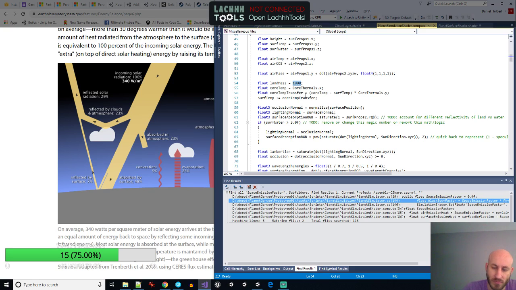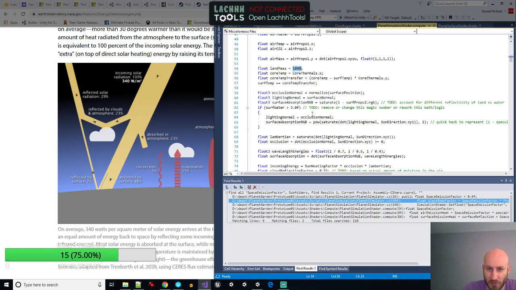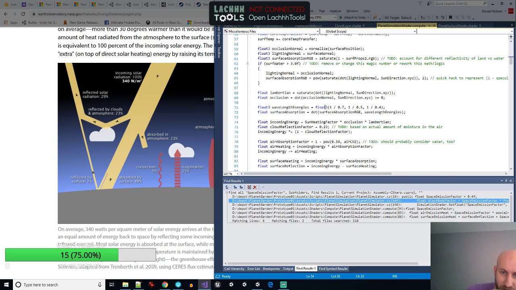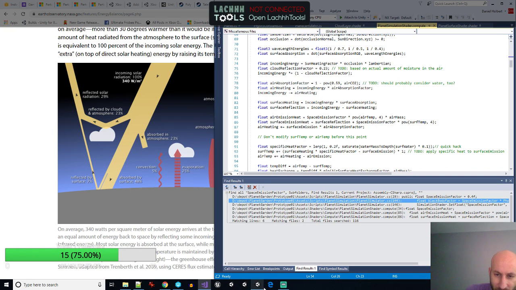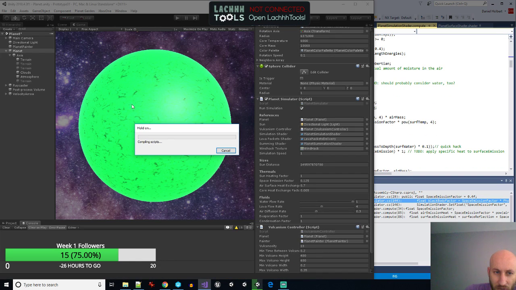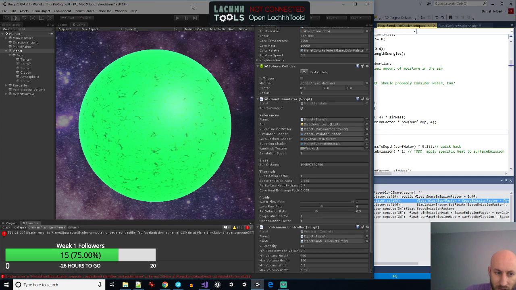So I'm going to have to account for that here, and I might even do something simple. That would be a landmass of like 1,000 kilograms, which is like 2,000 pounds, and we're talking about a square meter. Honestly, that might not be too crazy. Say a square meter is like 3 by 3 feet, and then maybe say the upper foot or something. It might be okay, but it's definitely going to throw off what I had here before because I had tweaked some numbers based on the previous math.